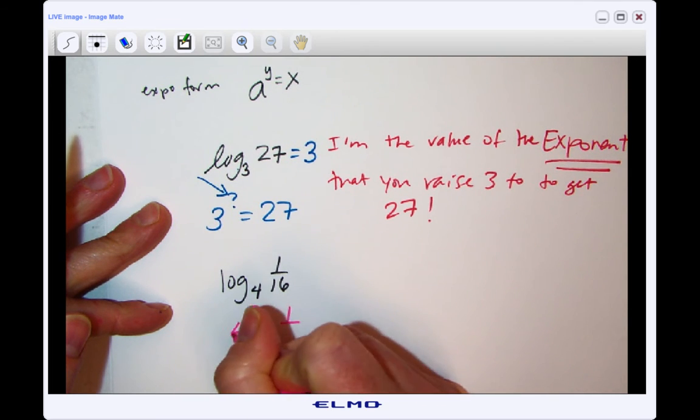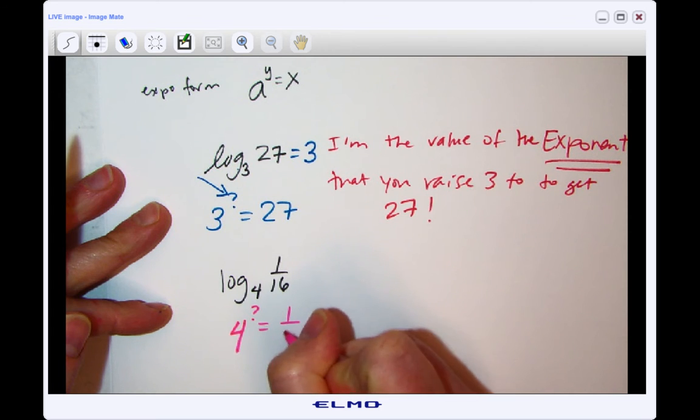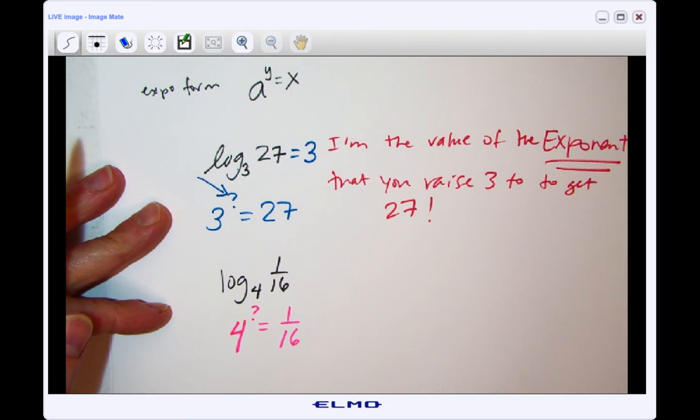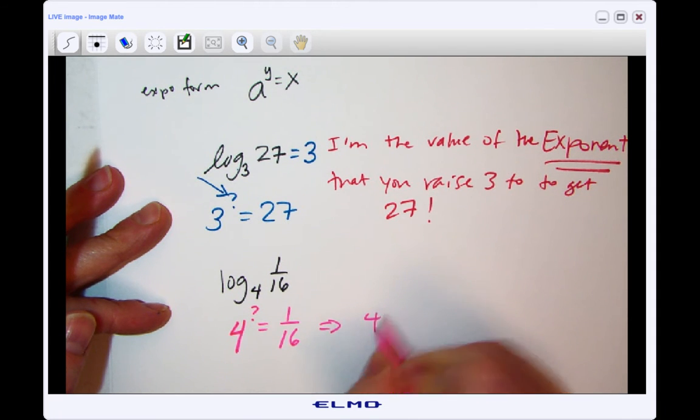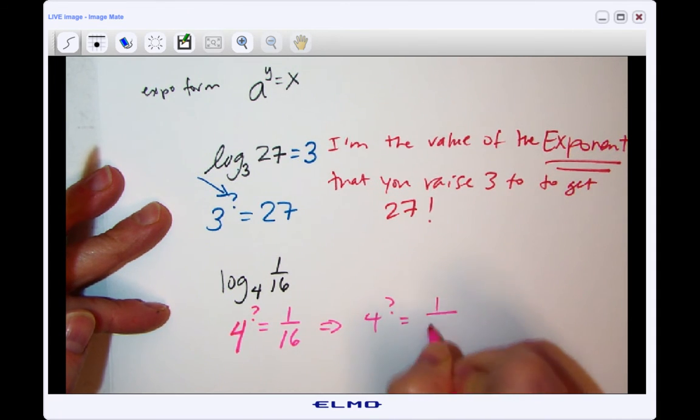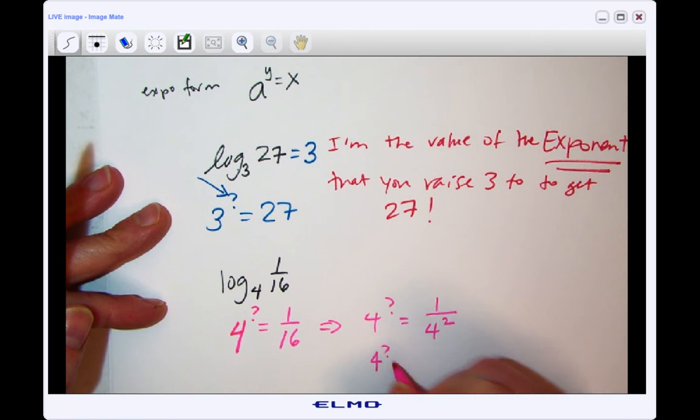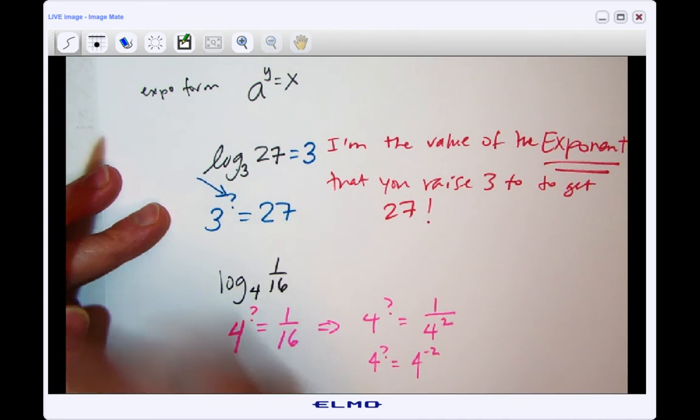Or 4 raised to the what is equal to 1 over 16. Now we looked at solving something like this. If we make them both the same base, we could say 4 to the what is equal to 1 over 4 squared. So 4 to the what is equal to 4 to the negative 2. Well, obviously, what's this little question mark here equal to?